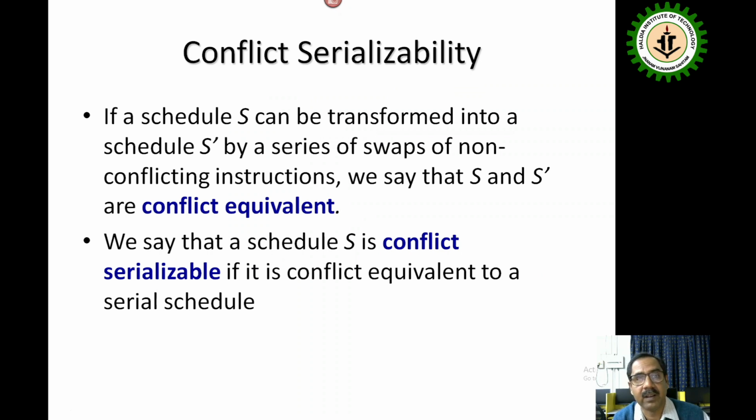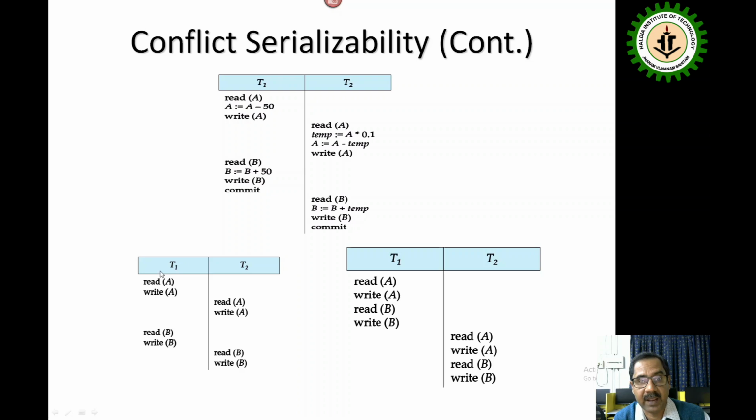So now we say that schedule S is a serializable schedule, because schedule S is transformed to some equivalent serial schedule. Clear?